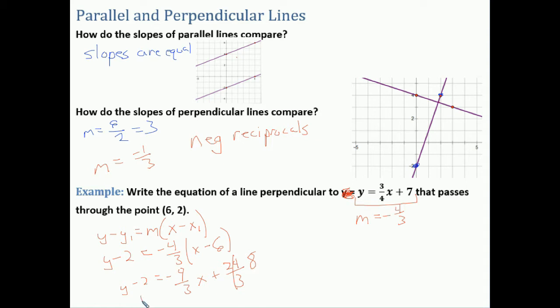So we can add 2 to both sides, and then I'll go ahead and put my answer over to the right here. So y equals negative 4/3 x, and then 8 plus 2 is 10, so plus 10. And there's the equation of a line that is perpendicular to this line and passes through this point.